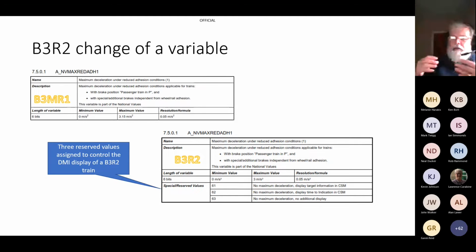If I am a baseline 3 release 2 train operating on a baseline 3 maintenance release 1 trackside, and that trackside sends a very high value of NV_MAX_REDUCED_ADHESION_1, it could actually cause the DMI to display things. However, going the other way around, if I have a baseline 3 maintenance release 1 train, if it receives the values 61, 62, 63, it will just treat them as valid values. It will not generate an error.